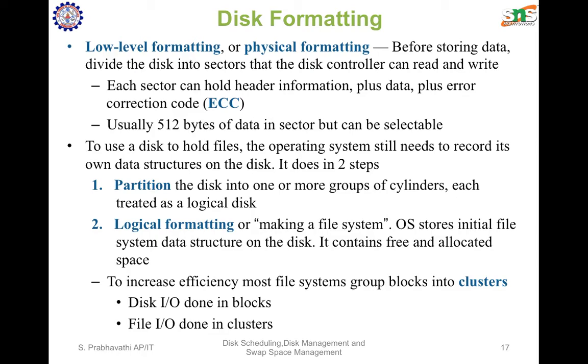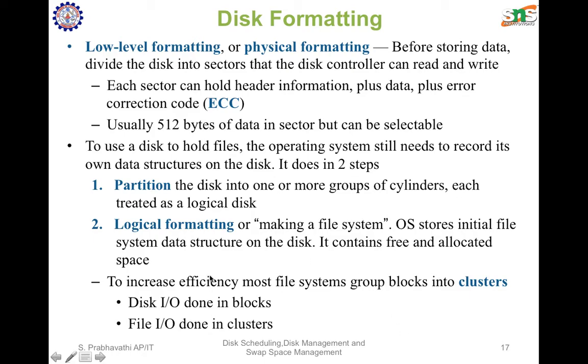Otherwise, if there is no file system, we could not track where the data starts and where it ends, where our file gets started and where it ends. That is called a raw partition, and having a raw partition is of no use; it's very difficult to get data from the disk. So the operating system goes for logical formatting, which means making the data into a file system.